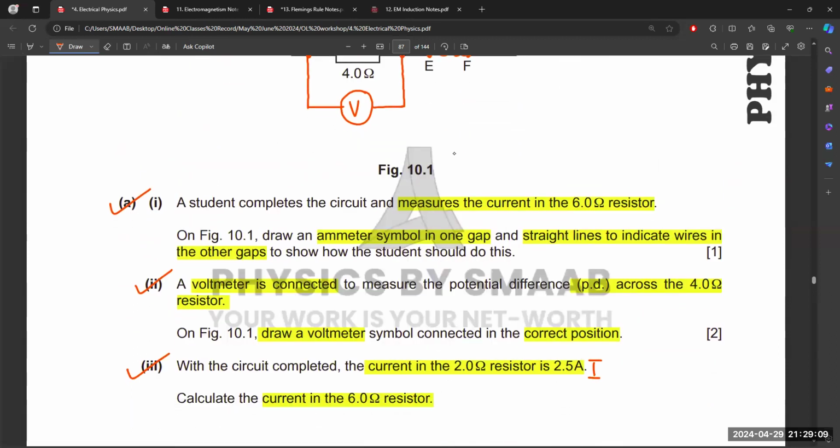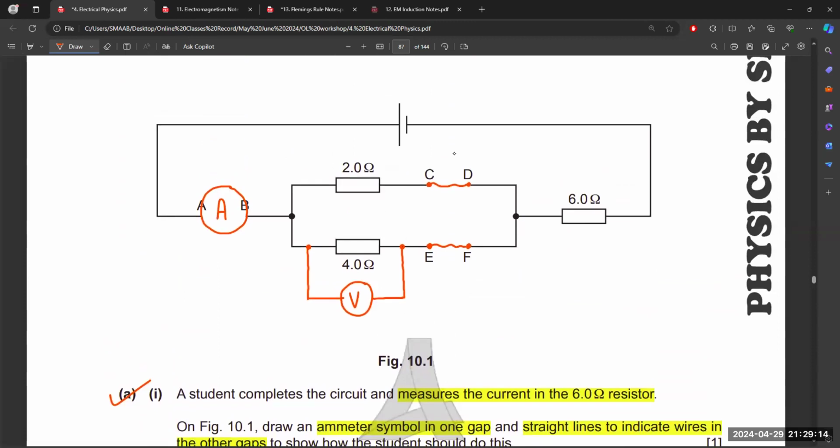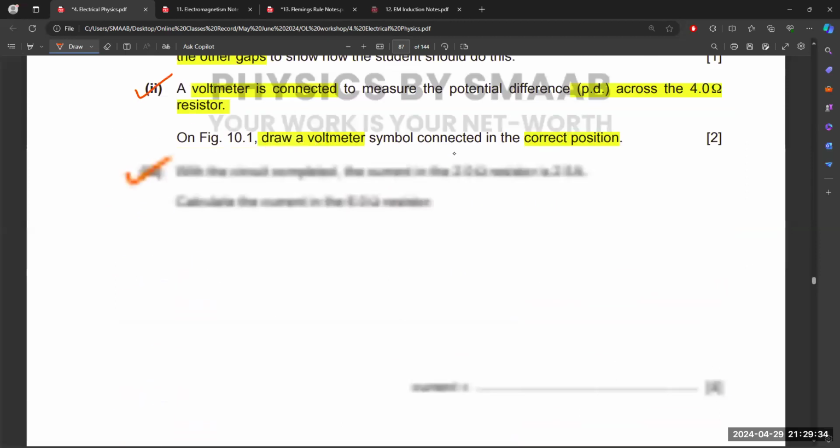This resistor gets 2.5 ampere of electric current, and we don't know about the 4 ohm resistor, and we have to find out the electric current through this 6 ohm resistor. And you are getting 4 marks. It means it is not a simple calculation.